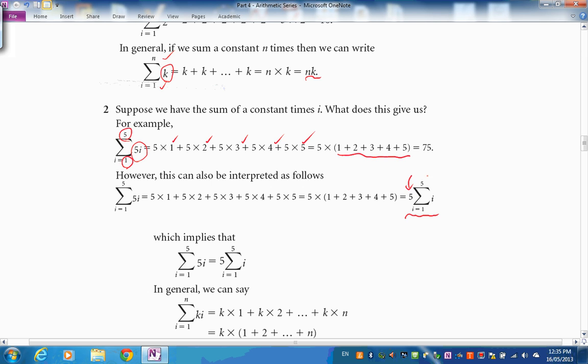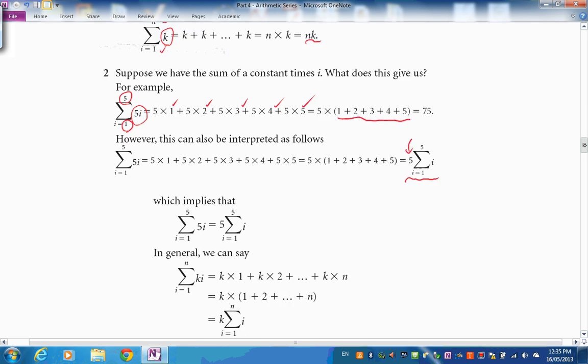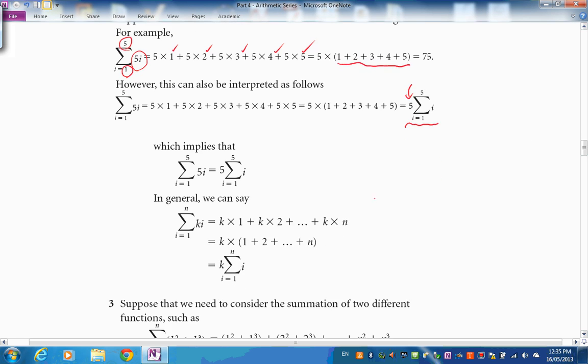Put the constant out the front, because they've all got it in there. So here's the rule down here. If you have the sum from i equals 1 to n of ki, you can just add up all the i's and multiply by the constant out the front. Just a bit of a quicker way of doing it rather than writing out all the terms.